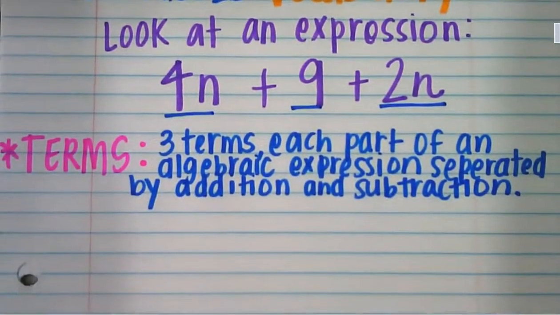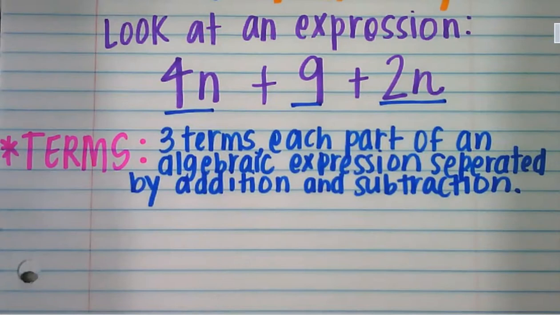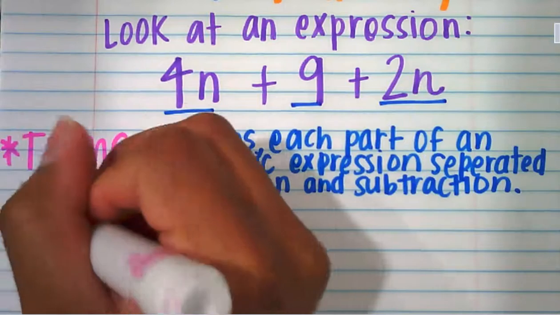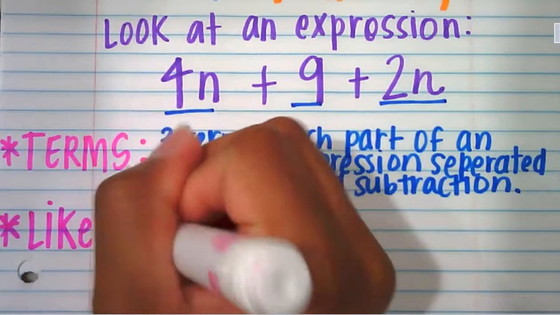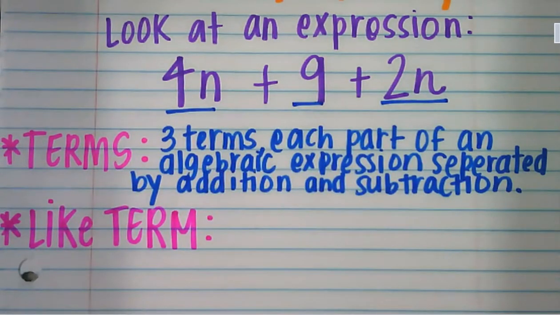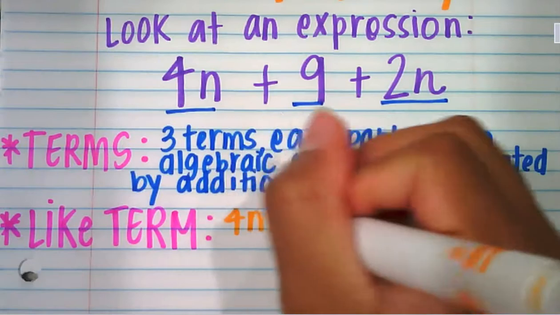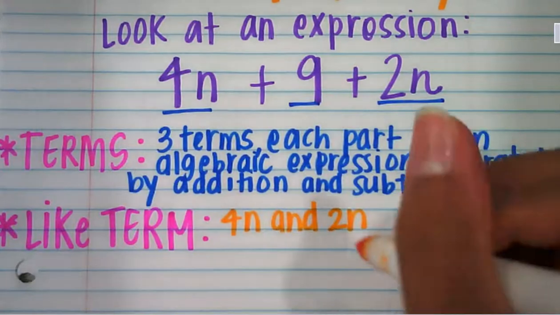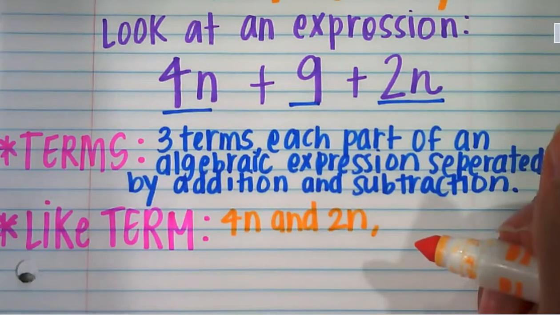Let's continue. The next thing you want to think about is like terms. So what's the difference between a term and a like term? Well, do we have any like terms? The like terms that I see are 4n and 2n. How do we know what constitutes like terms?